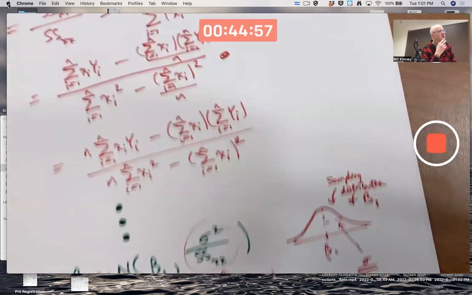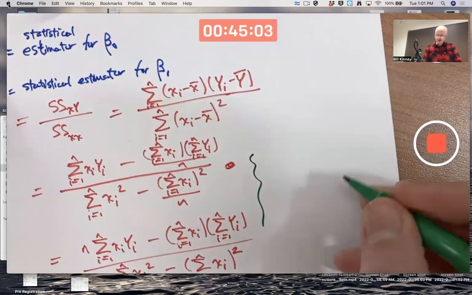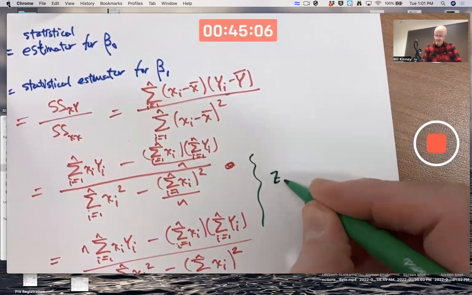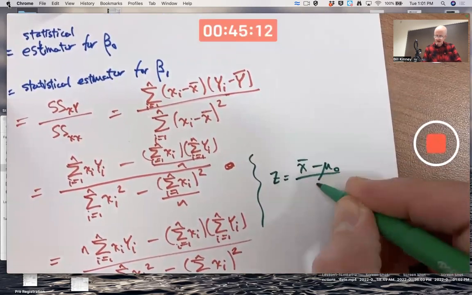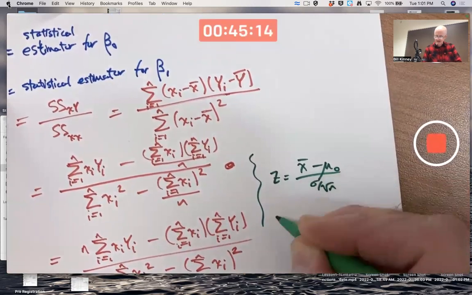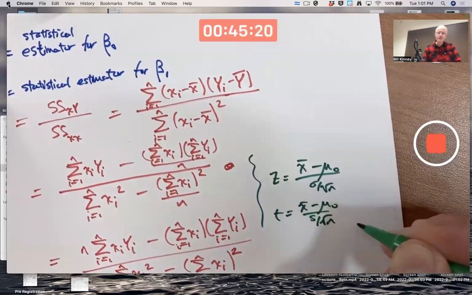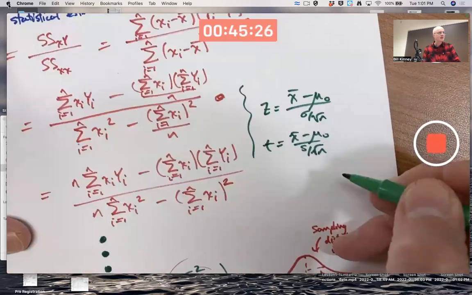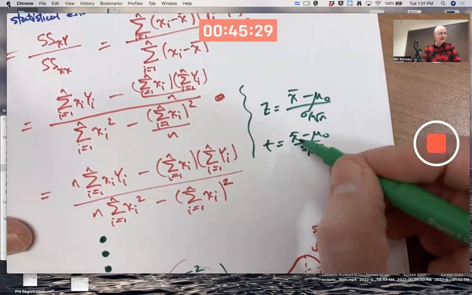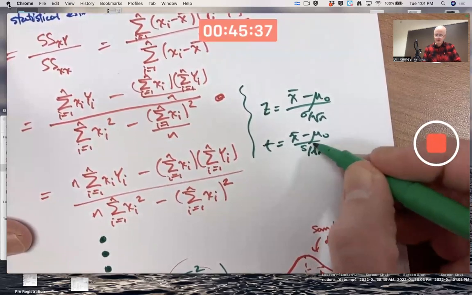It really is the same kind of thing we always do, right? Think about computing a z statistic. It would typically be x bar minus mu 0 divided by sigma over square root of n, and a basic t statistic would be x bar minus mu 0 over s over square root of n. I'm using lowercase letters here, so these are observed values. Take the observed value of the statistic in question minus the null value from the null hypothesis, divided by something that's typically called a standard error.